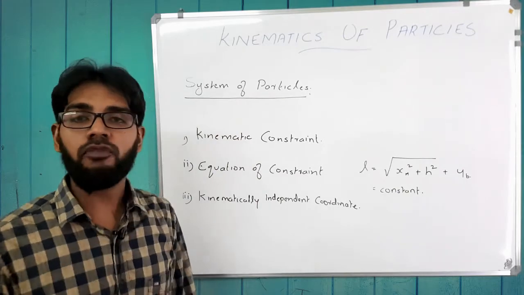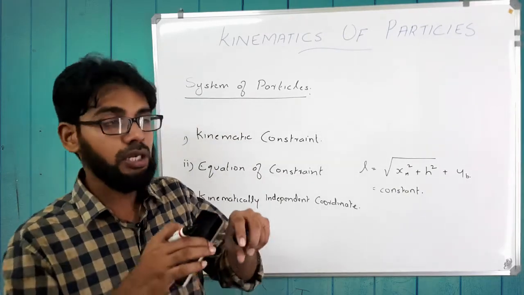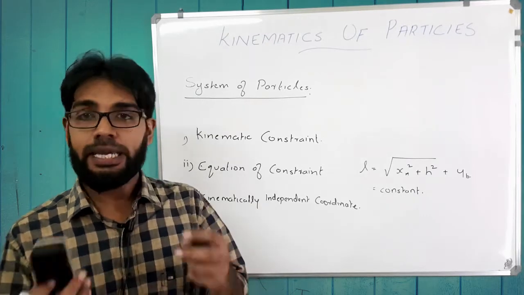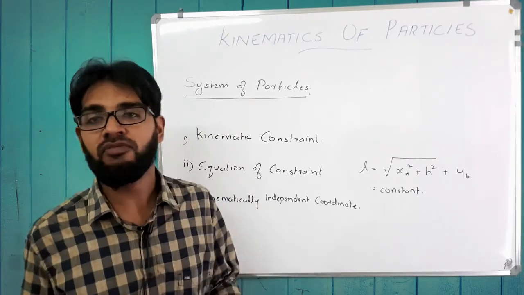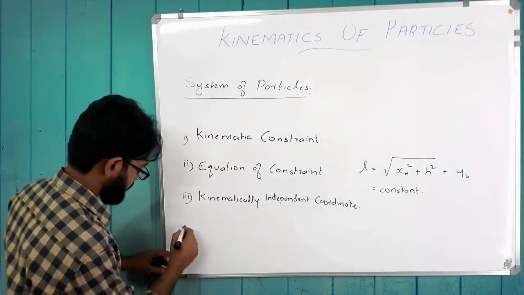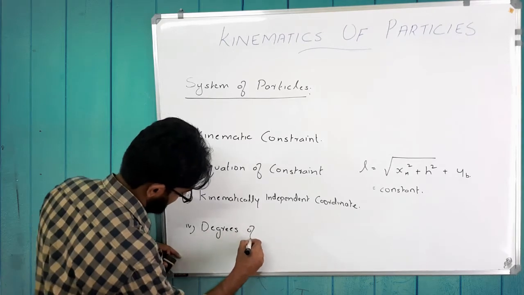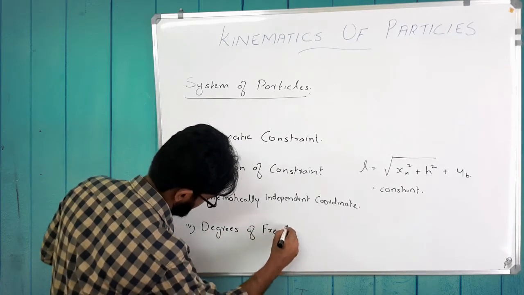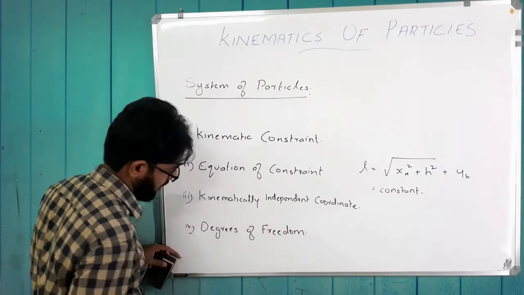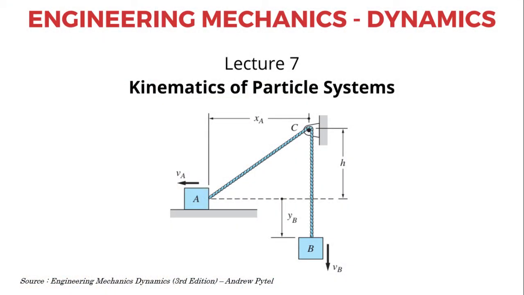Now, the number of kinematically independent coordinates that are required to describe the motion of a system of particles is called degrees of freedom. If you look at the figure closely, you can see that this corresponding system has a single degree of freedom.